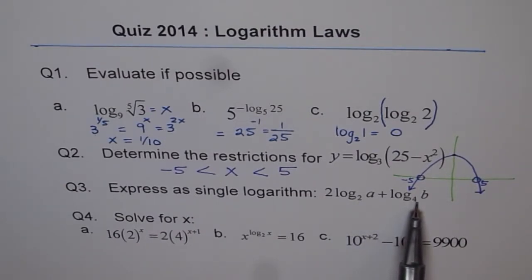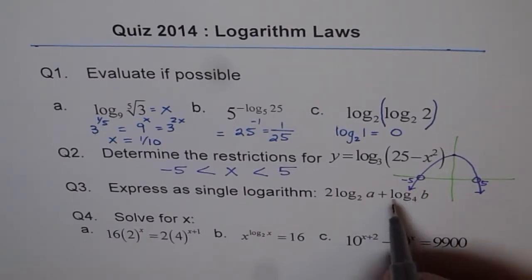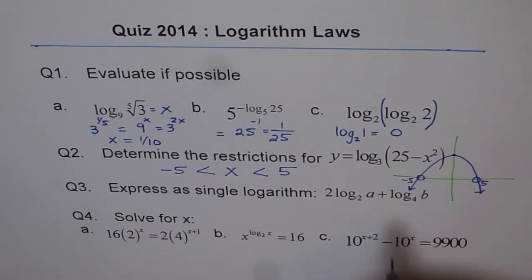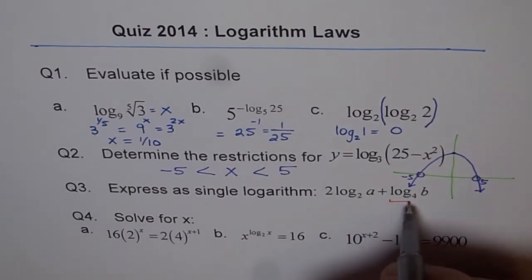So what we need to do is write log to the base 4 of b as log to the base 2, so a change of base formula is to be applied here. So this portion I am doing first for you, and then we'll just combine the two terms. That should be simple.